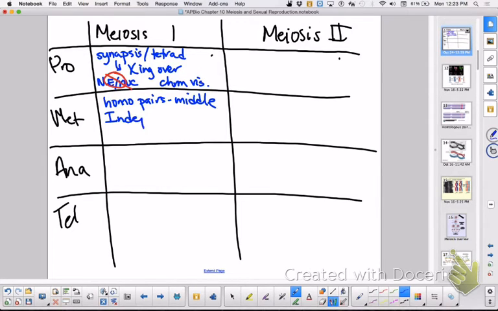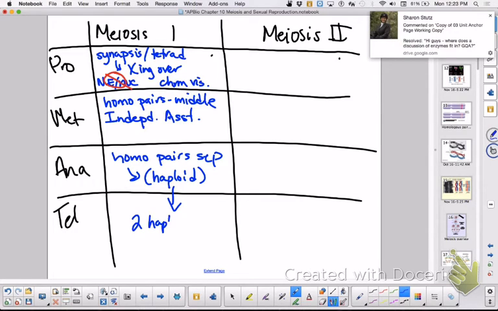Independent assortment. Remember that? How they line up in the middle. Okay, what happens during anaphase 1? Homologous pairs separate. Okay. Thank you. And now this cell is considered what? Haploid, because you don't have your homologous pair anymore. Okay, so in telophase you have 2 haploid cells, yes?